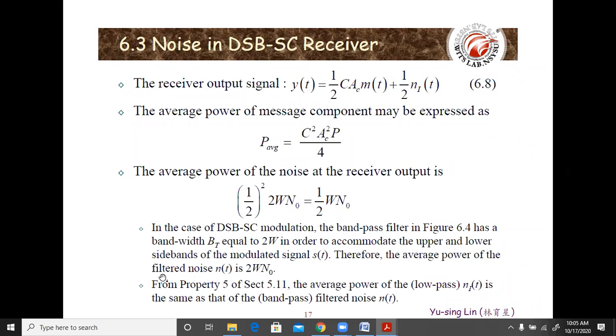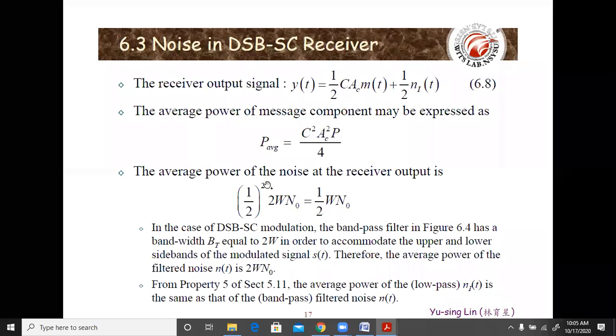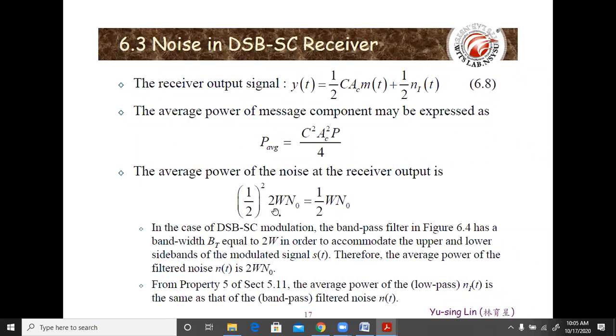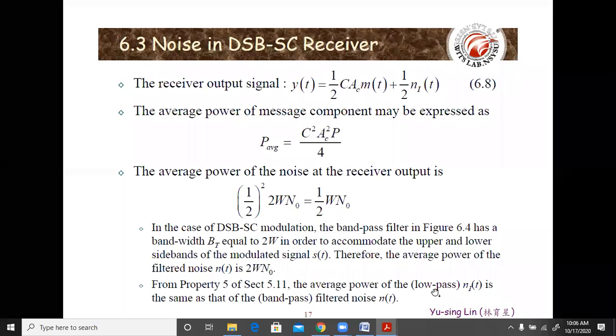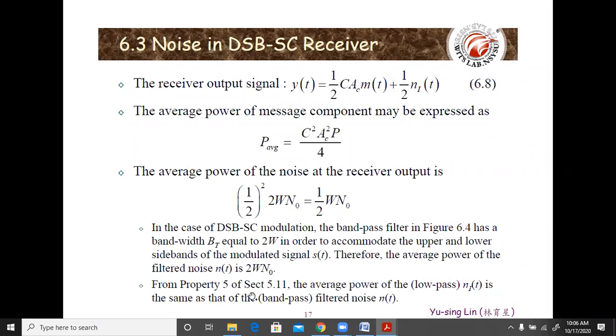Therefore, the average power of the filtered noise n(t) is 2W N0. From property 5 of section 5.11, the average power of the low pass nI(t) is the same as that of the band pass noise n(t). So we get back this value over here.